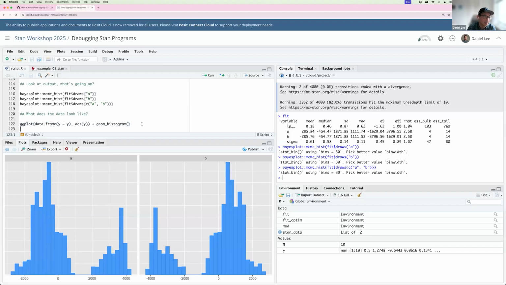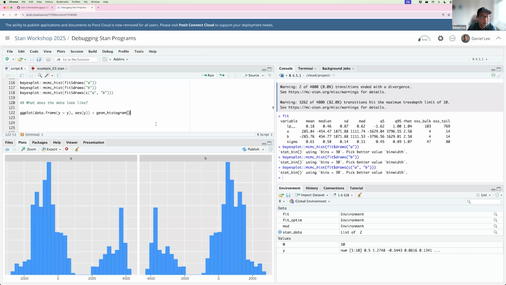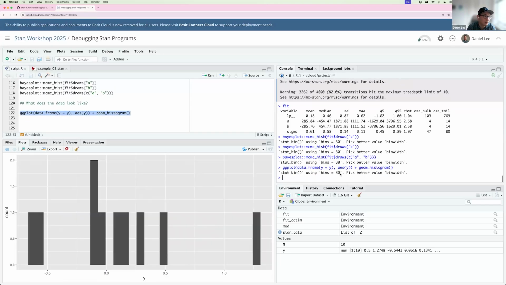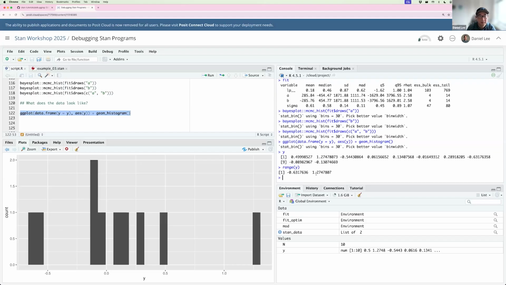Like I said, when things go wrong, it feels like a vibe. A and B could be estimated this way, and it's fine. But why is it not right? When I look at it, I know that my data is on the order of minus 1 to 1.